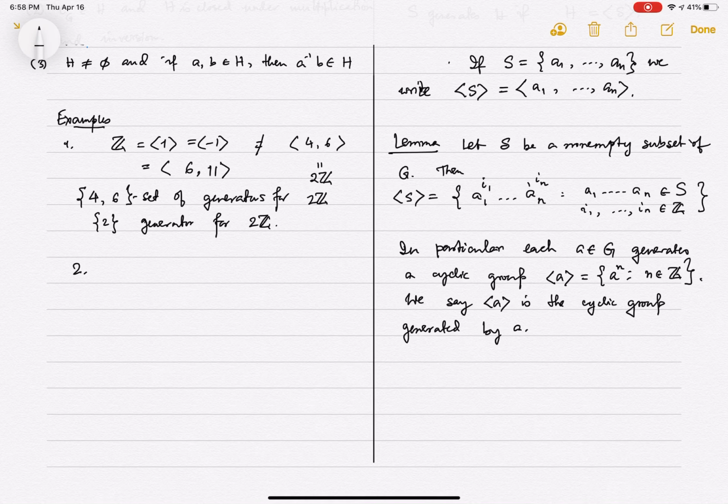Another one. This is a rather important one. If you take these permutations, this is the permutation that in cycle notation is just written as (1 2). It's like 4 letters. And then this one.